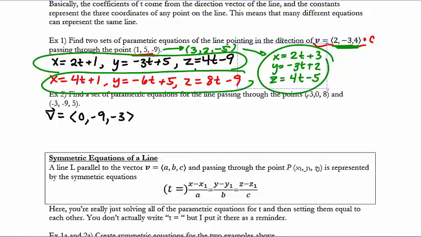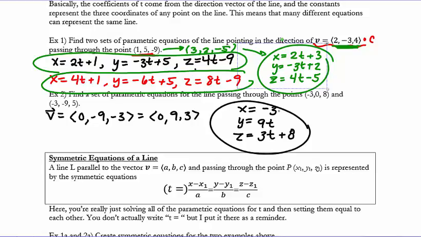Or, if I don't want to use negatives, I can call it 0, 9, 3, same direction. And so I can have x equals 0t minus 3, y equals 9t plus 0, z equals 3t plus 8.